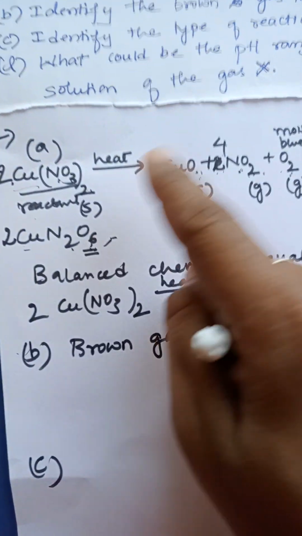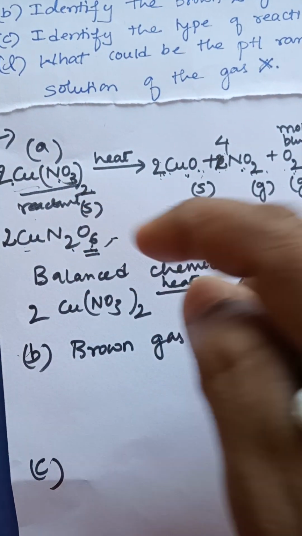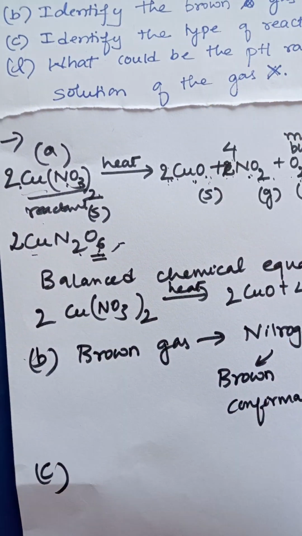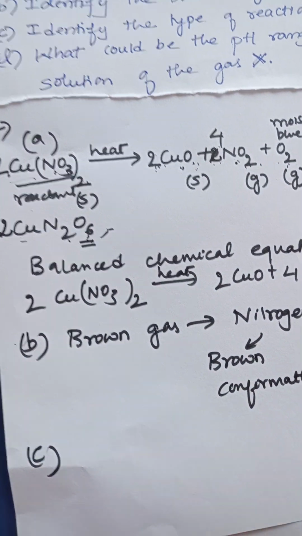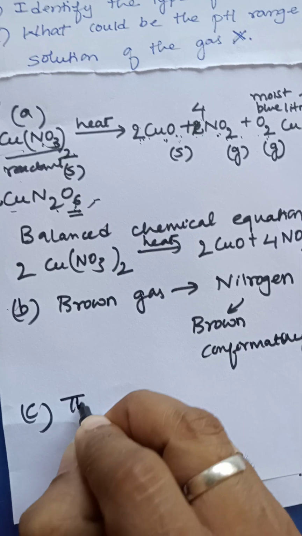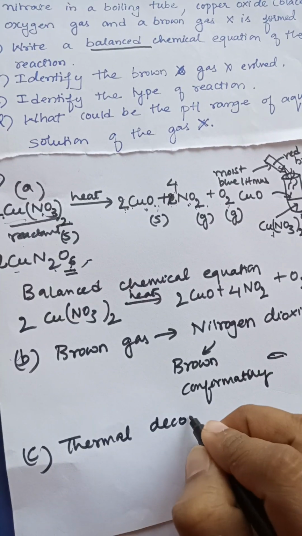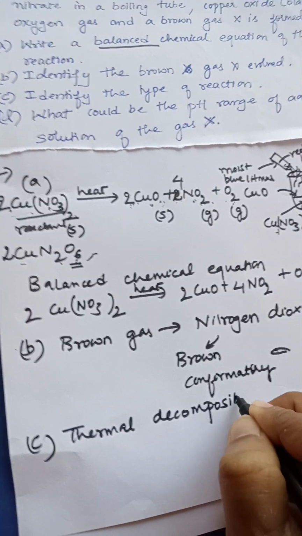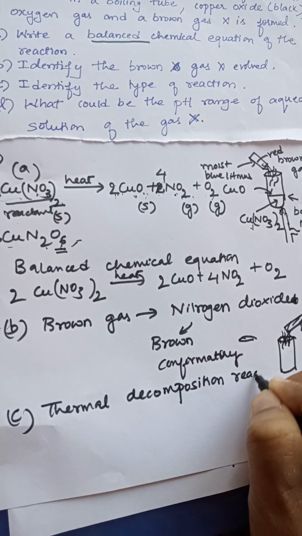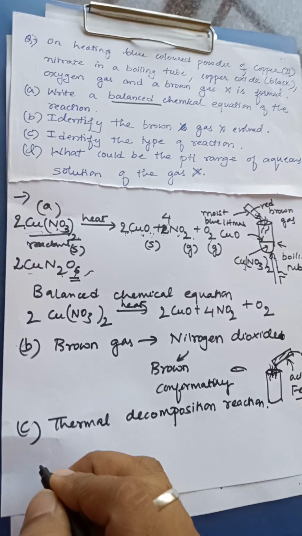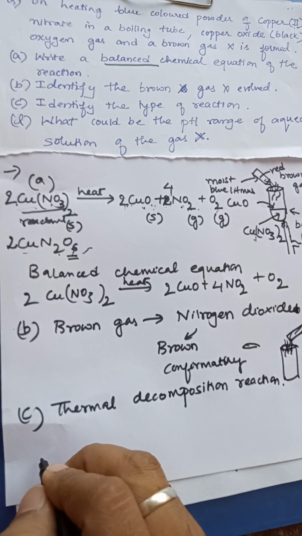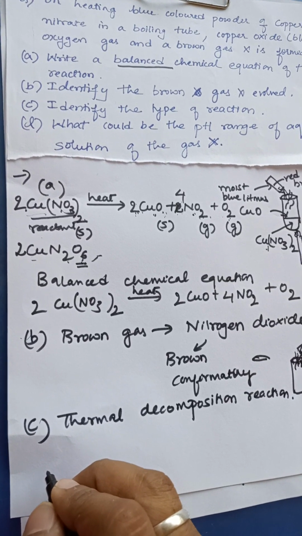And if heat energy is used by the reactant to decompose to form two or more products, such a decomposition reaction is called thermal decomposition reaction. So identify the type of reaction. It is thermal decomposition reaction. That's the answer to the question C.